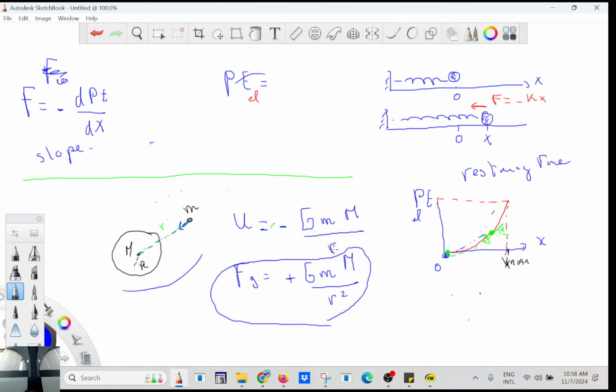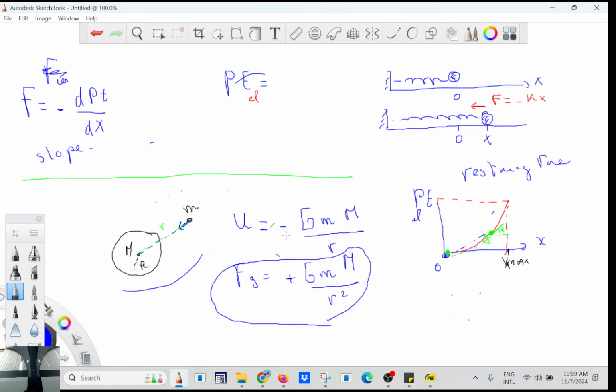Okay. Now let's connect to math. Let's see how good your math skill is. Not even calculus, let's look at your algebra. You have a function, minus 1 over r. Forget about that constant. So it's like minus 1 over x. Can you make a graph? Potential versus x.